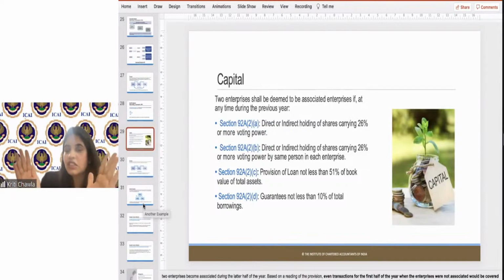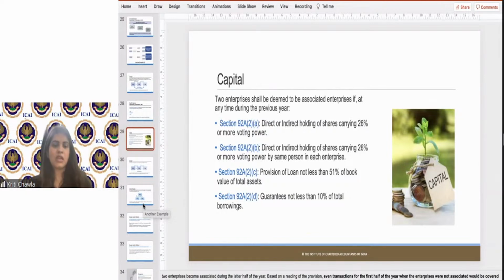So out of these 13 instances, I divided these four into capital, but I would want to tell you that the Income Tax Act does not make that particular categorization. I have only done that because I think it becomes easy to remember, but the Income Tax Act does not do that. So these are the four instances that we've discussed right now.